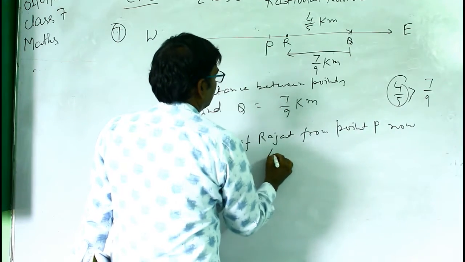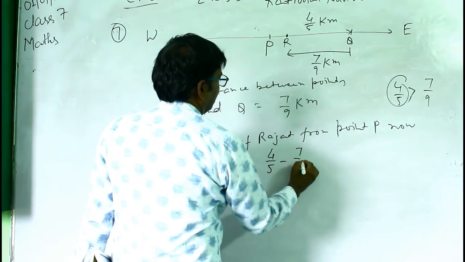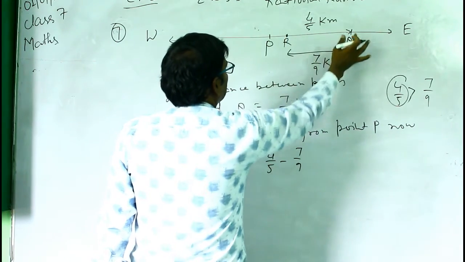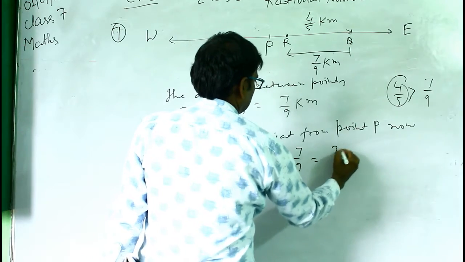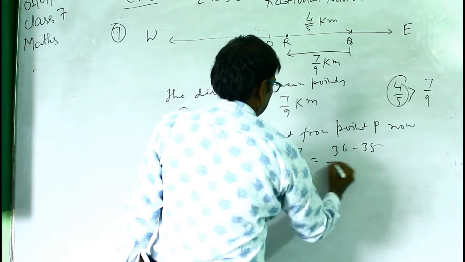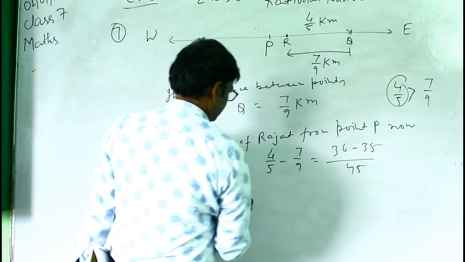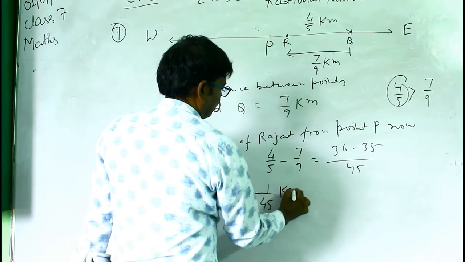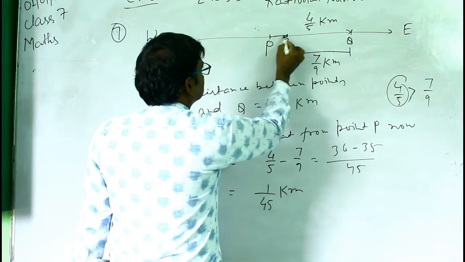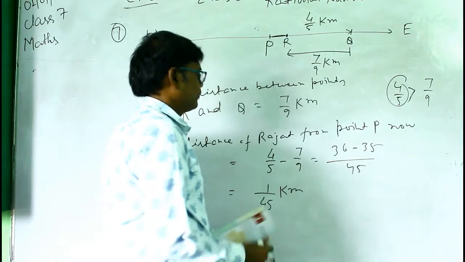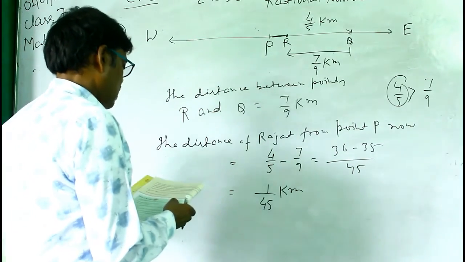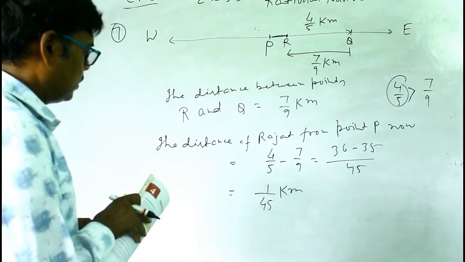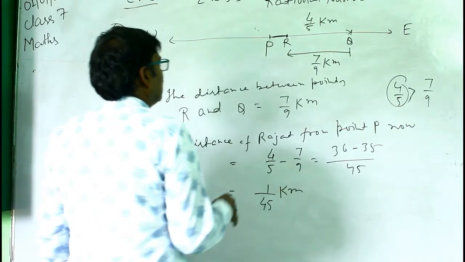It will be 4/5 minus 7/9, that is this whole distance minus this distance. So it will be (36 minus 35)/45, so 1/45 kilometer. That is, this distance is 1/45 kilometer. And the other is how far is Rajat from point Q?